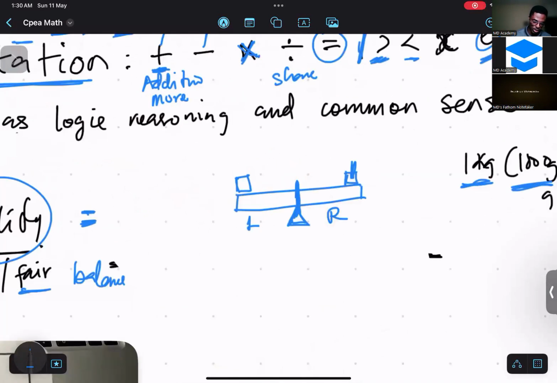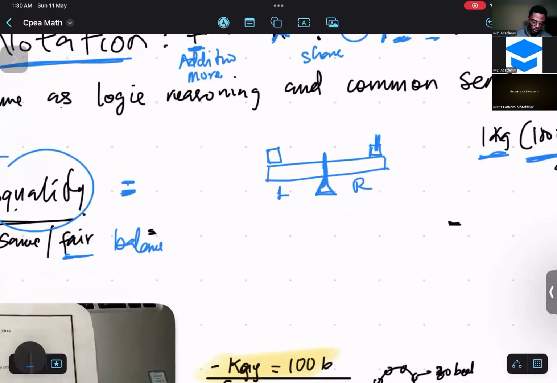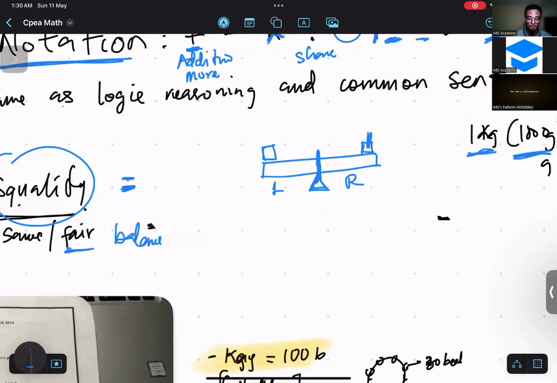But coming back to this, the rule of equality is simply this. This fulcrum here represents equal to. Everything you do on this side would be balanced by everything you do on the other side if you do the same thing to the right side that you do to the left side.